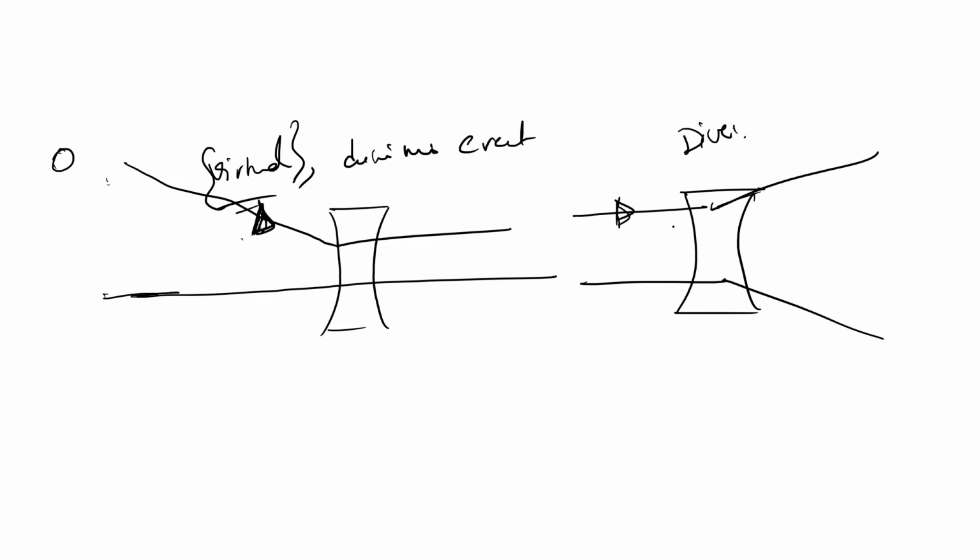Now what will happen? They appear to be coming from this focus. So this will be the image distance, which is a virtual image. The rays are not really converging. They will only diverge, but appear to be coming from one point. That point is called as which point?